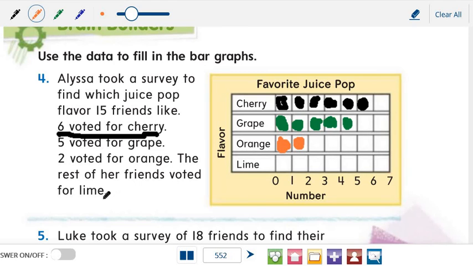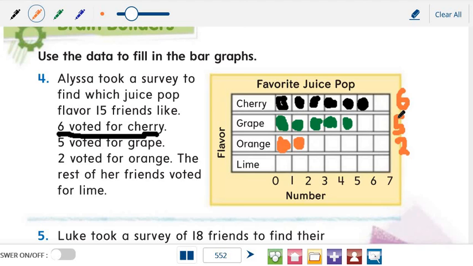But what about lime? The rest of her friends voted for lime. We know that she asked 15 friends. So what do you think, grade 2? How can we find how many friends voted for lime? You know that 6 friends voted for cherry, 5 for grape, and 2 for orange.